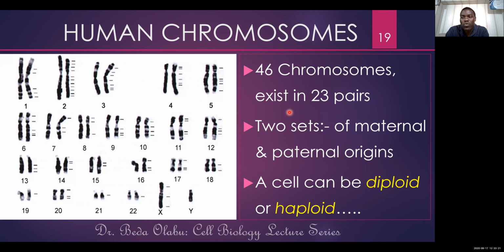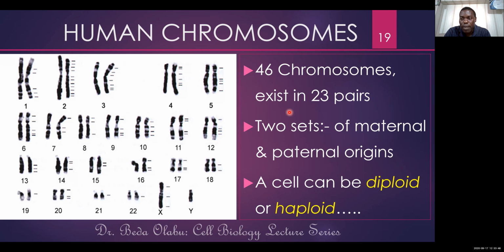Haploidy is when you have one set of the chromosomes. That means that we can also have triploidy and even quadriploidy. Triploidy is when you have 69, and quadriploidy is when you have 92 chromosomes.